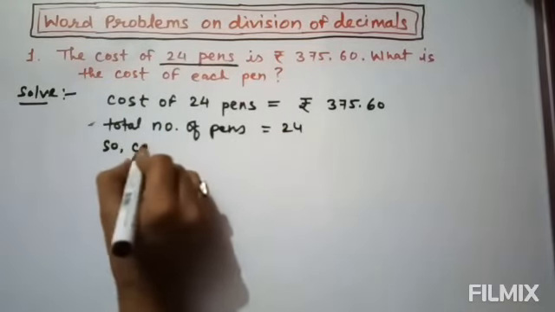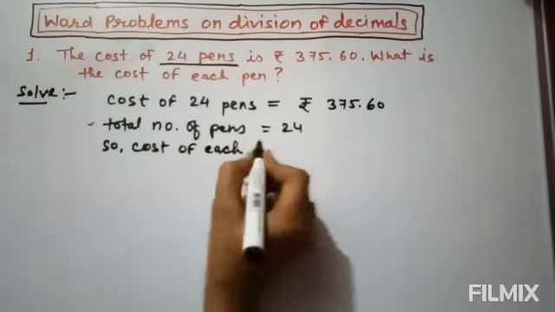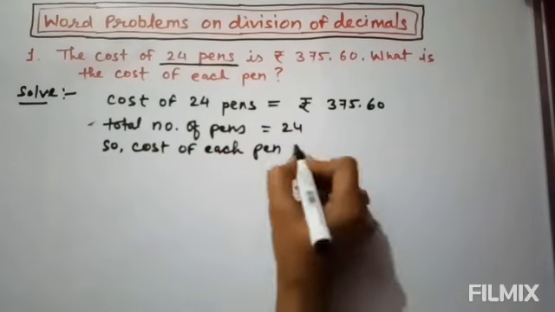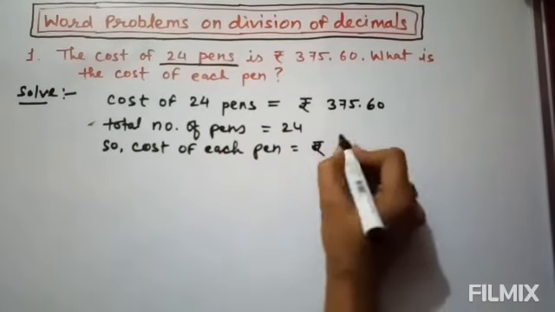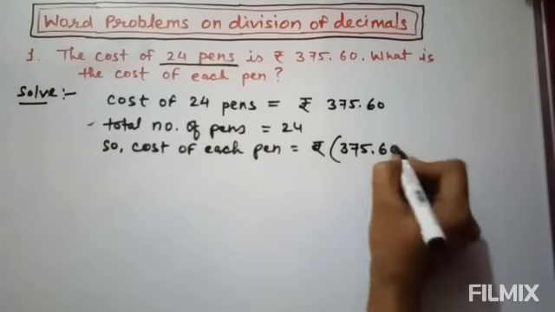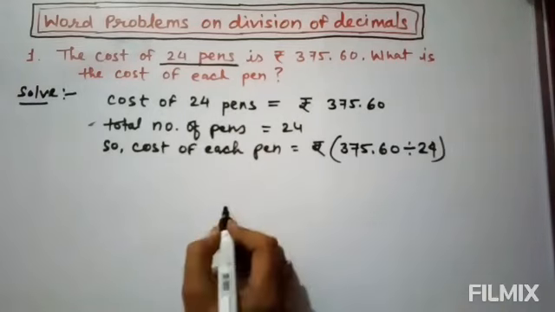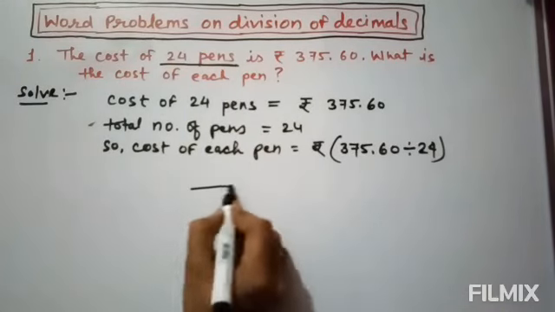So the cost of each pen is equal to, we will divide the cost by the quantity, so we will get the answer. Let's do the long division method.